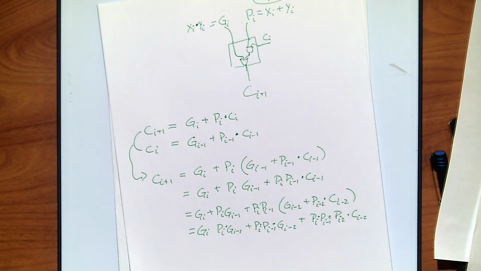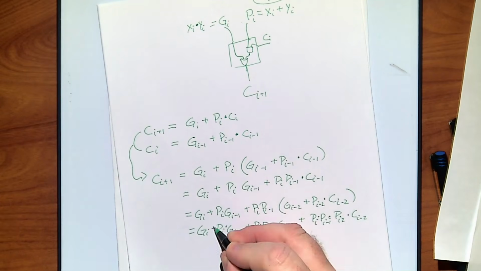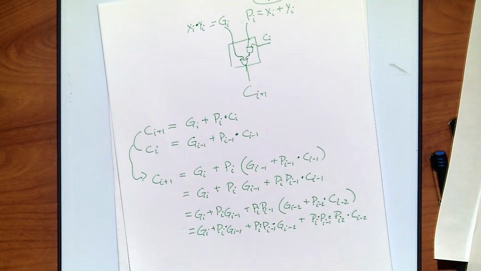Carry lookahead. Because each one of these generate terms is ORed together, you're able to stack the ORs. This just requires the inputs. Again, it's just input, there's no previous thing.